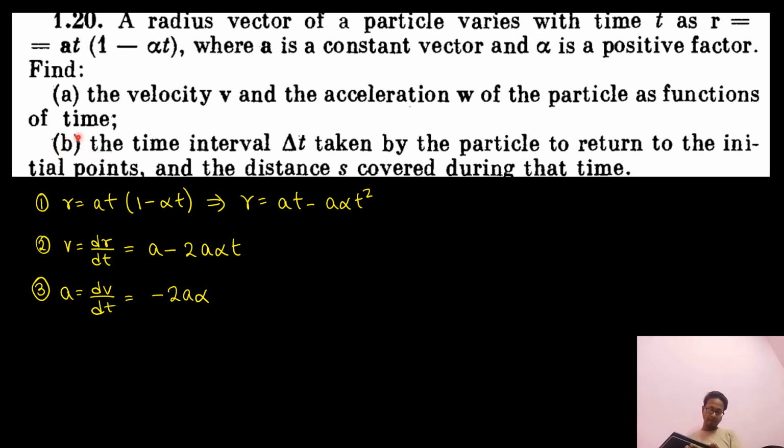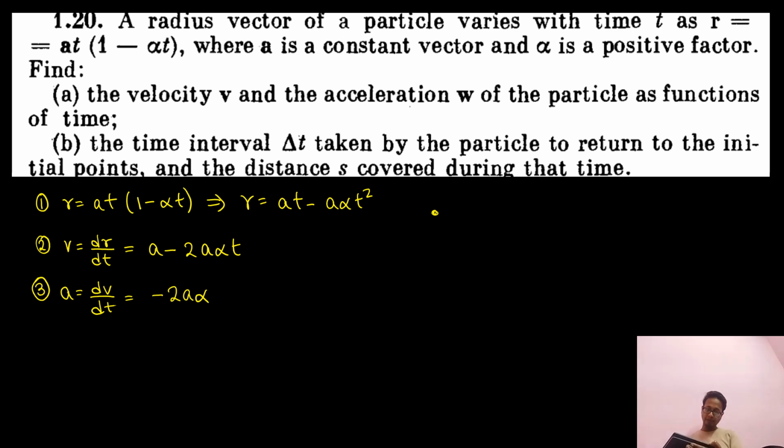Now the second part of the question is the time interval delta t for the particle to return to its initial point and the distance covered during that time. The particle will return to its initial point when the r vector, or the value of r, is equal to 0. Suppose the particle is starting out here.